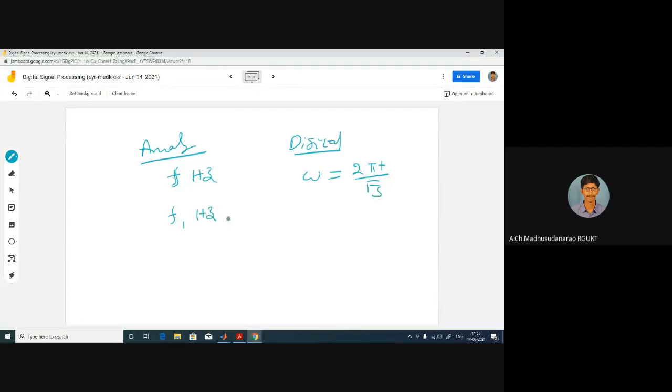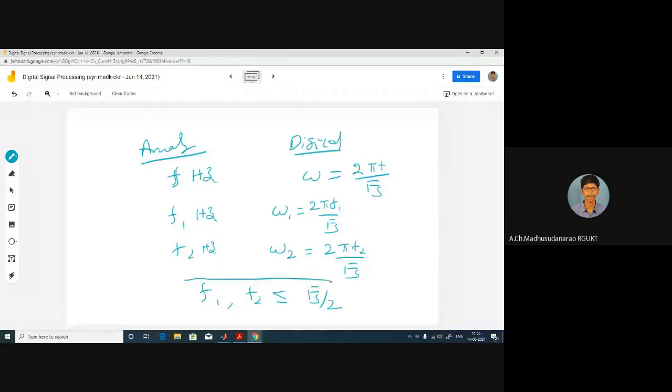And f1 Hz corresponds to omega 1 equals 2 pi f1 by fs. f2 Hz corresponds to omega 2 equals 2 pi f2 by fs, where f1, f2 are less than or equal to fs by 2. Both are less than fs by 2. Then I can simply go for this operation.